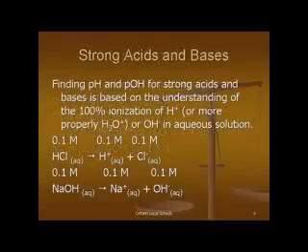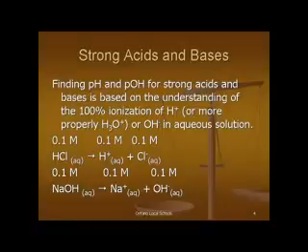When we want to find the pH or pOH for a strong acid or base, it's really pretty simple, because we understand that strong acids and strong bases ionize 100% in aqueous solution. So, for instance, if we look at a 0.1 mole per liter solution of HCl, when it ionizes, you'll get 0.1 mole per liter of H+, or we could say H3O+ there, and 0.1 mole per liter of Cl-.